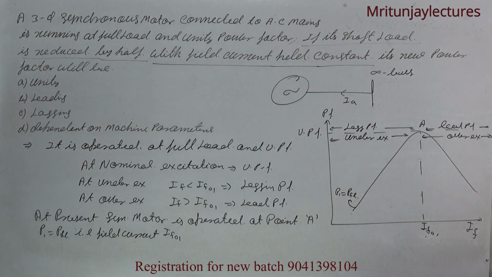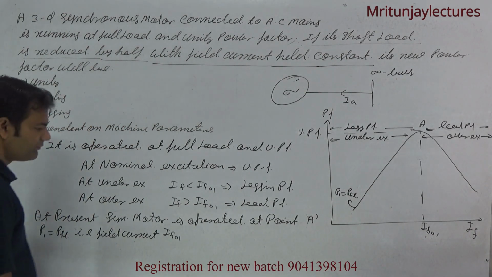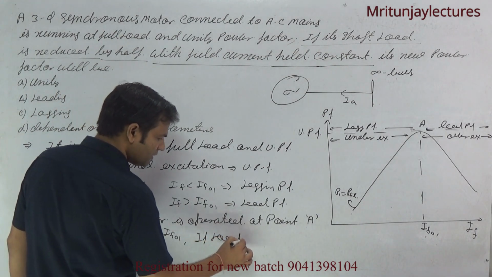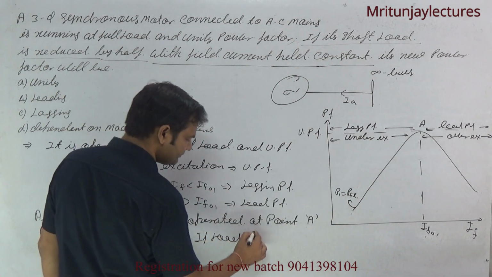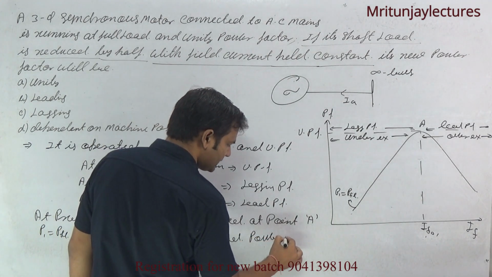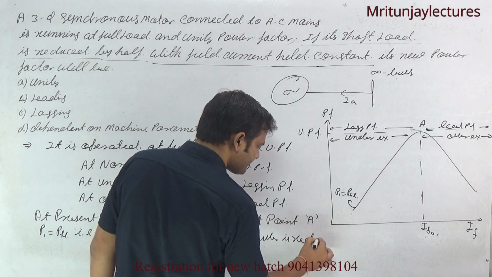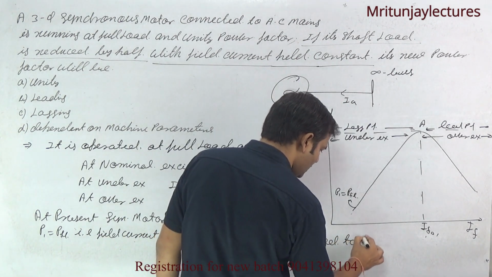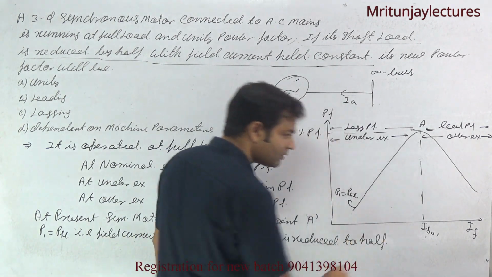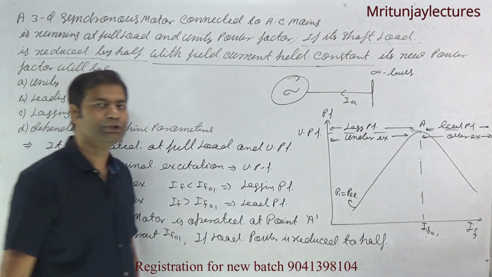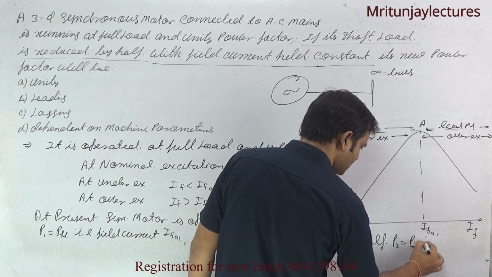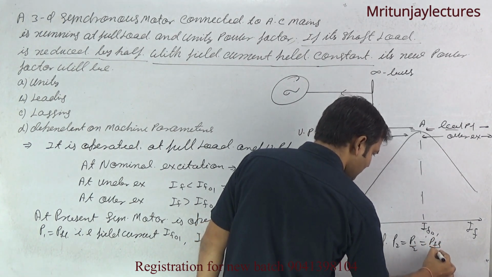Okay, now you can say that if load power is reduced to half, means P2 is equal to P1 by 2, that is P full load divided by 2.